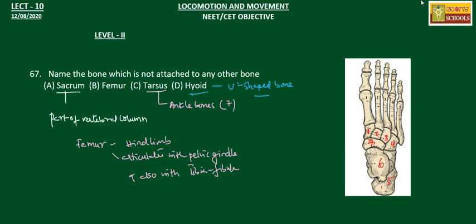It is present below the buccal cavity region, supporting the larynx, tongue, etc. This bone is not in connection with any other bone. So the answer is D: the hyoid bone is the bone that is not attached to any other bone. That's all the questions from level 2. Now let's see the questions from level 3.